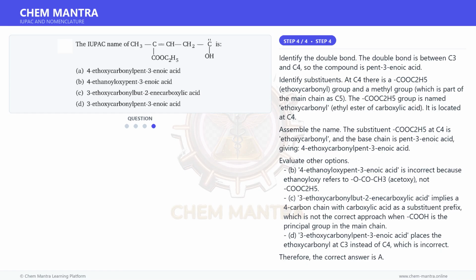The COOC2H5 group is named ethoxycarbonyl, the ethyl ester of a carboxylic acid. It is located at C4.